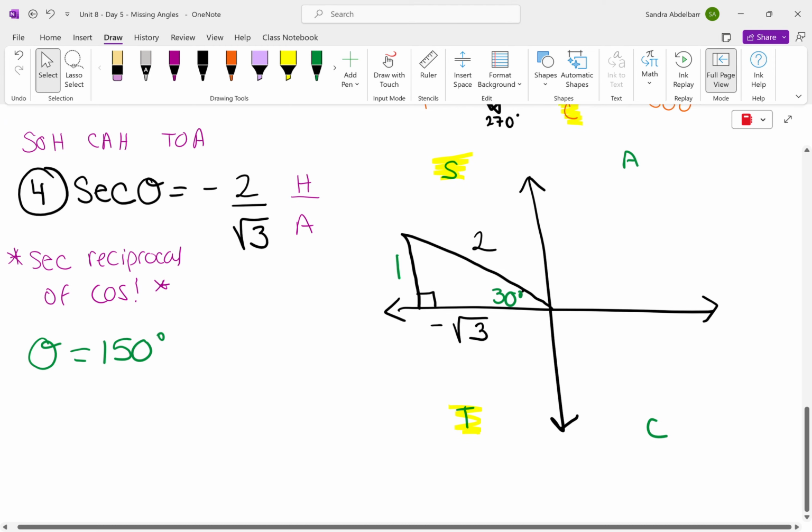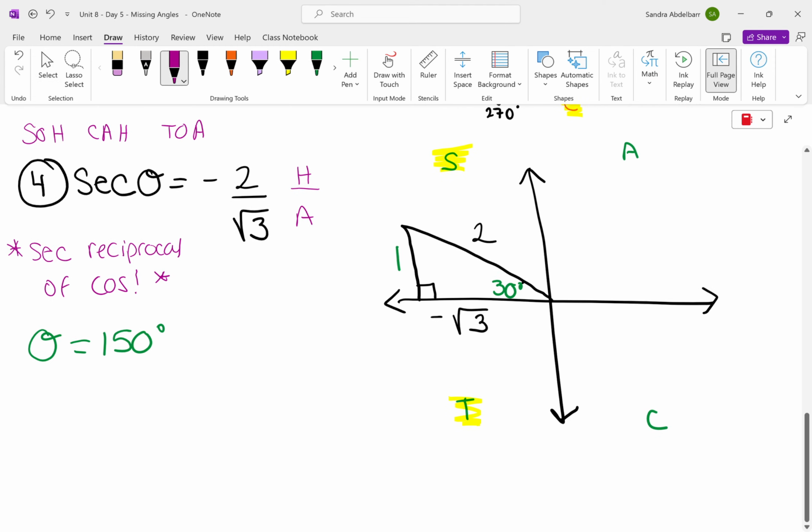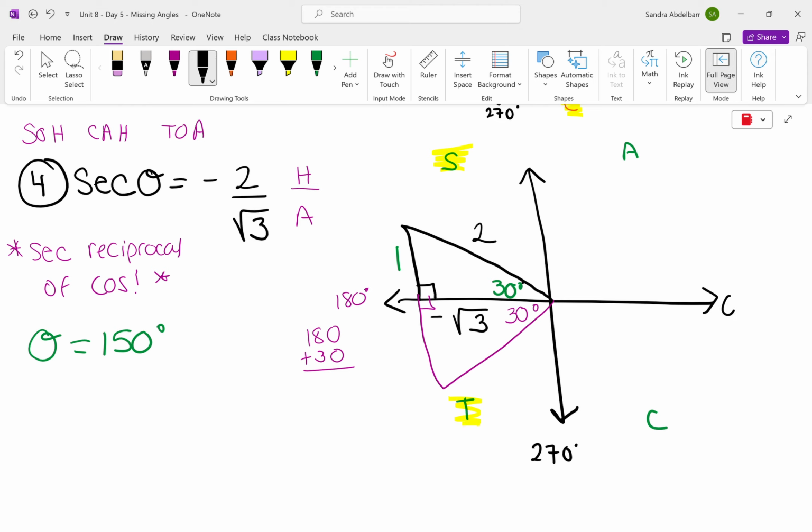Is this my only answer? No, we also have to have a triangle in which quadrant? 3. So I'm now making my triangle in quadrant 3. So what is a 30-degree angle in quadrant 3? 180 is right here. So we're going to do 180 plus 30.